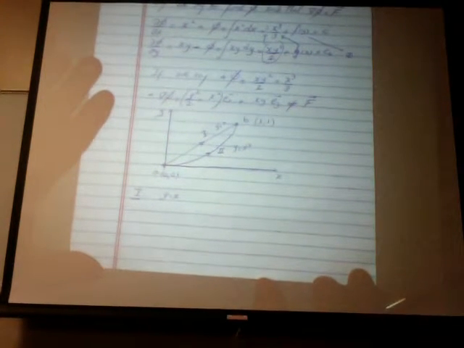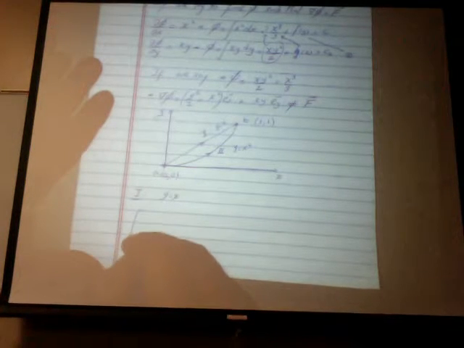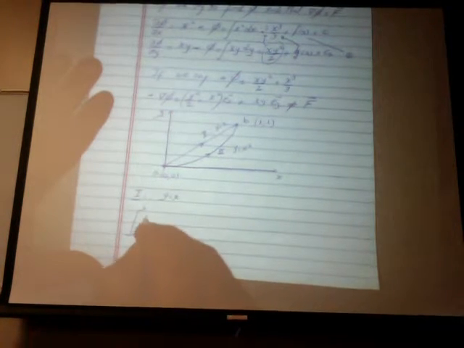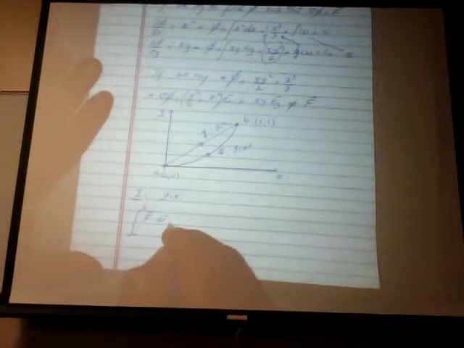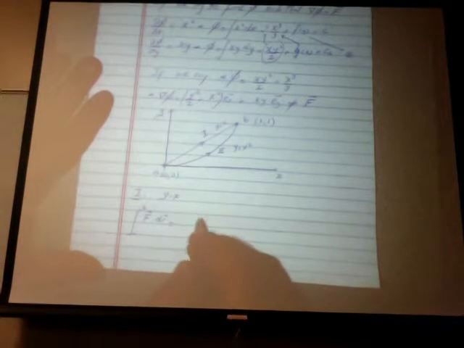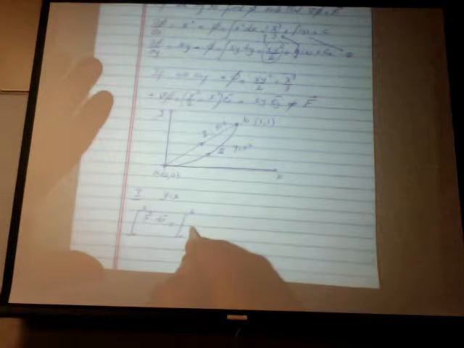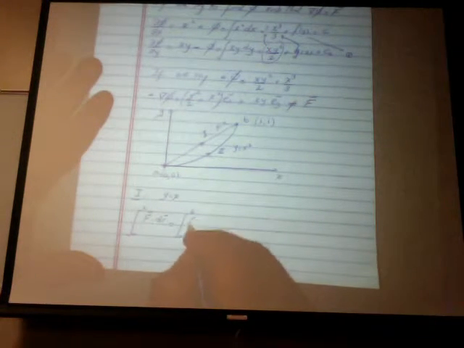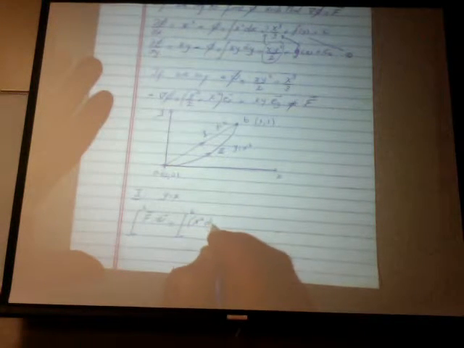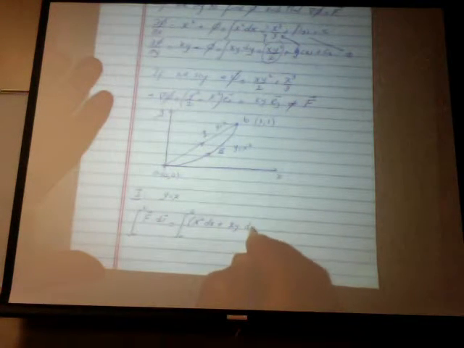So we are going to be doing the integral from A to B of f dotted into dr, which is equal to the integral from A to B of f, where fx is equal to x squared, dx, that's what dr is, and fy is equal to xy, dy.